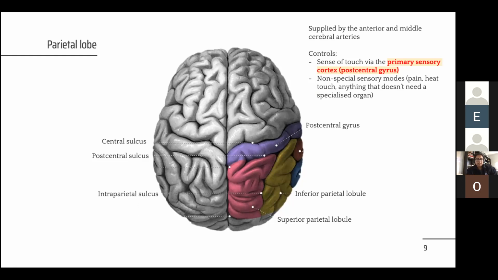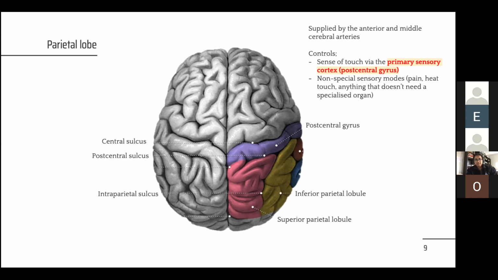Similar to the frontal lobe, it is supplied by the anterior and middle cerebral arteries. In the same way as the frontal lobe, the medial part of the parietal lobe is supplied by the anterior artery, and the lateral part by the middle cerebral artery.